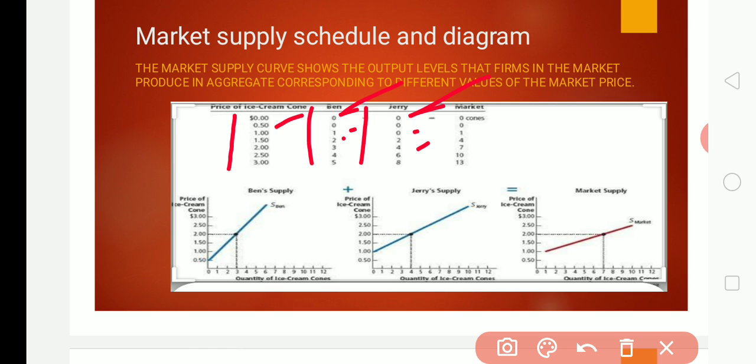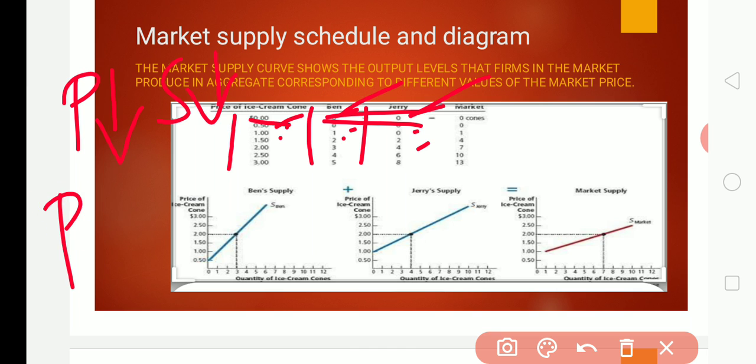What we can understand from the schedule is what I already taught you about the law of supply. The law of supply simply states that when the price is less, supply also will be less. You can observe that when the price was 0, 50, 1, there was no supply.